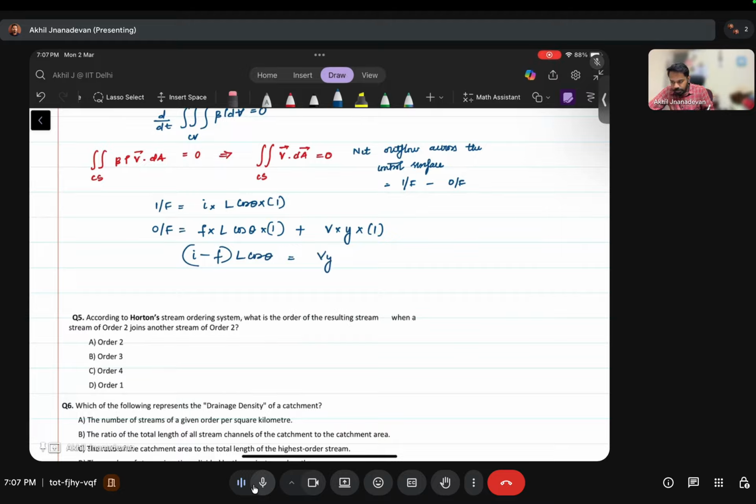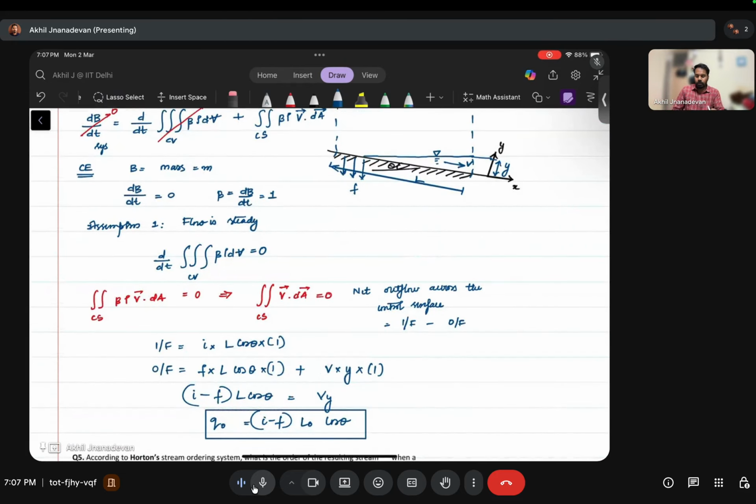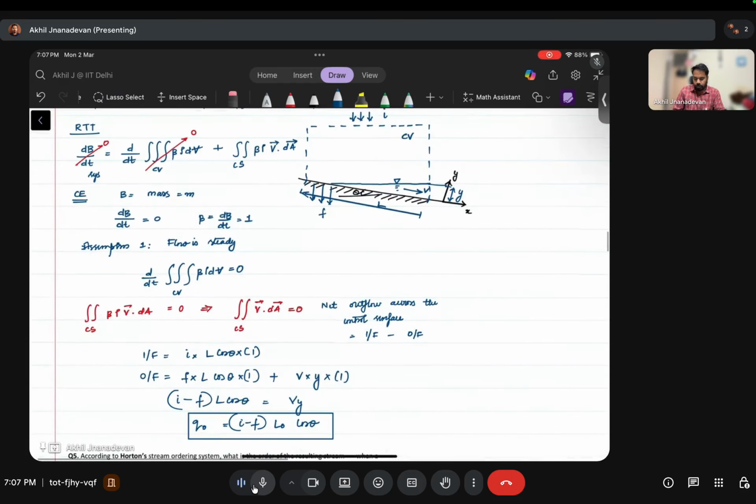So V into Y is nothing but the flux of the overland flow, that is Q naught, which will be equal to I minus F, L naught cos theta. So this is the continuity equation. This is how we derive the continuity equation for the case of overland flow occurring, right?